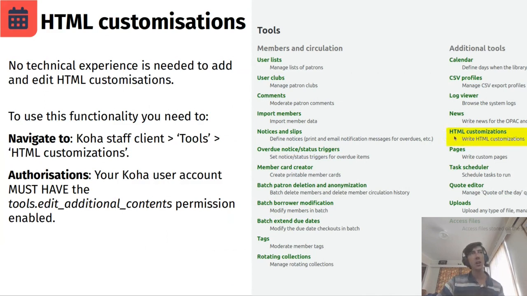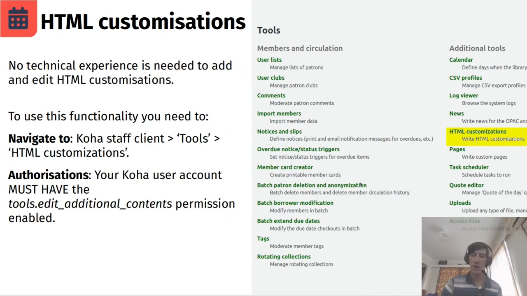What's important to know is even if a library staff member has access to log into the Koha staff client, they do need to have an additional permission enabled to see this HTML customization link. That permission is the edit additional contents permission. Without that enabled, they will not see this link. So that's important to bear in mind.